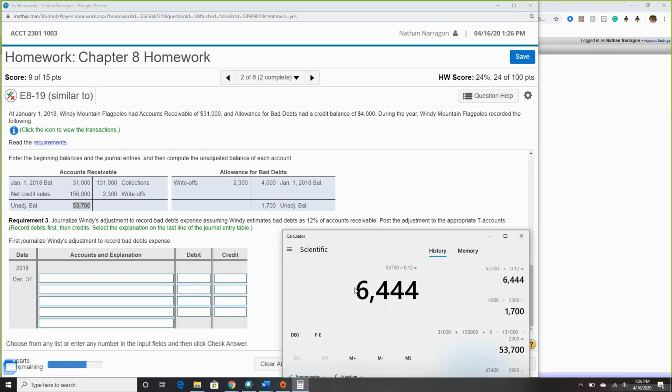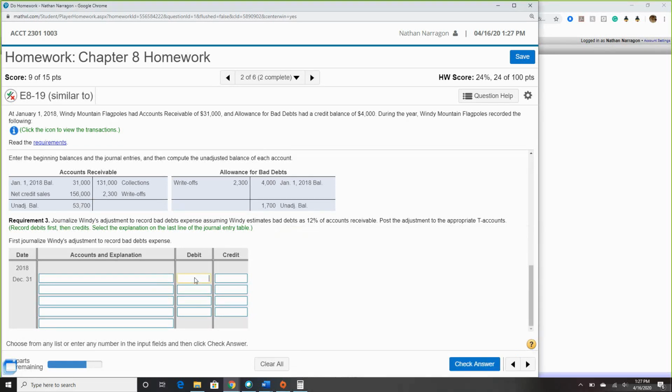So, again, this is our ending balance of allowance for bad debt. So I gotta find, currently it's a credit, so all I have to do is subtract the unadjusted balance, and this should be my journal entry amount. Okay, again, always bad debt expense, allowance for bad debt, or the bad debt expense to be recorded under the allowance method.